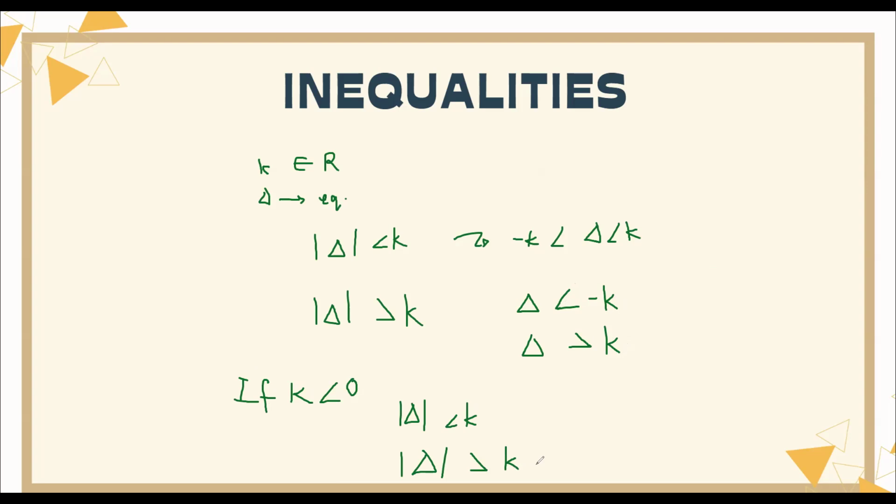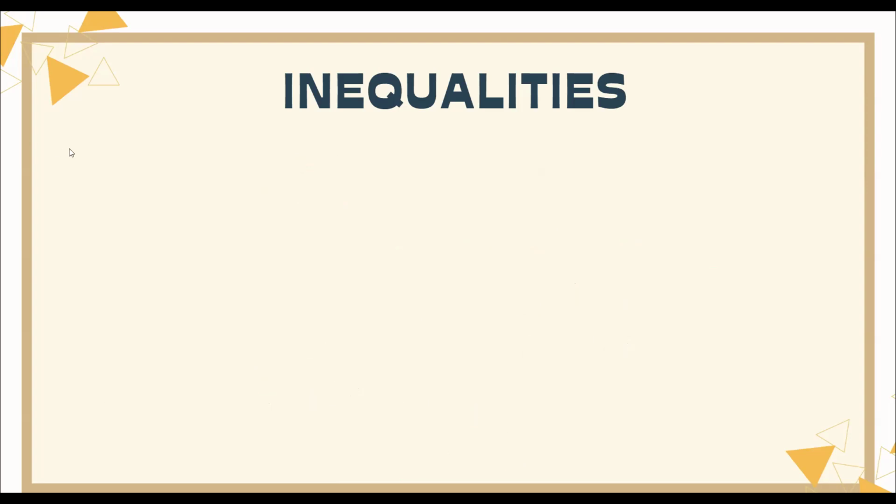So to put this into practice, let us solve an equation. Solve the absolute value of 3x minus 8 is less than 1. So this is your equation, and this is your k. Now, yung rule natin is that if the absolute value of an equation is less than k, our values are greater than negative k but less than positive k.